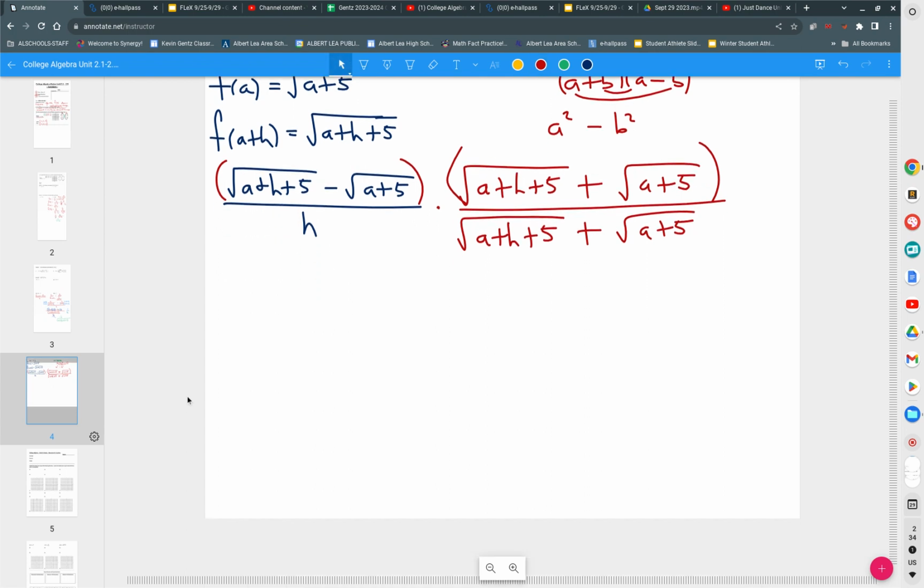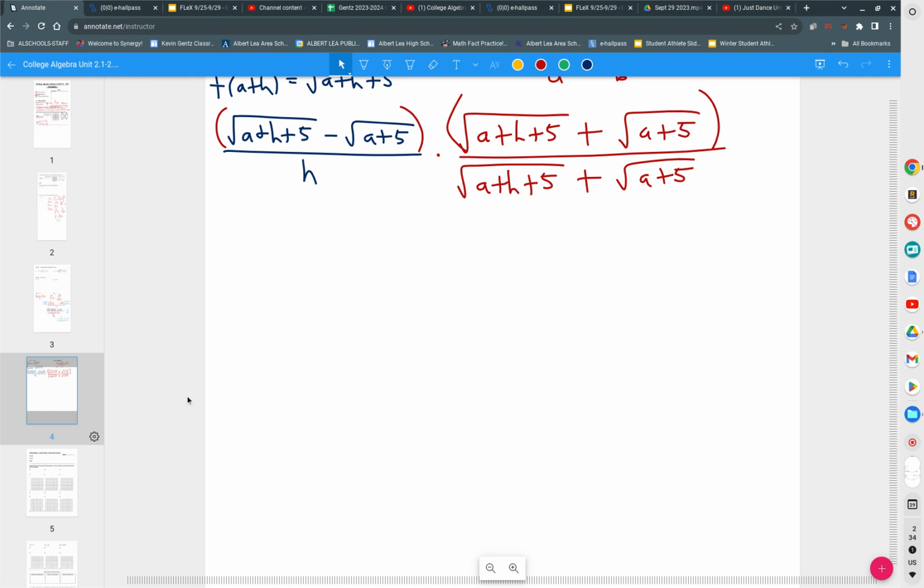Okay, you're almost there. This is the cool part now. If I were to FOIL this out, I would take that times that, and I would get a plus h plus 5. And then if I multiplied the middles, what would happen? They'd go away. So then when I multiply the ends, I get a plus 5.